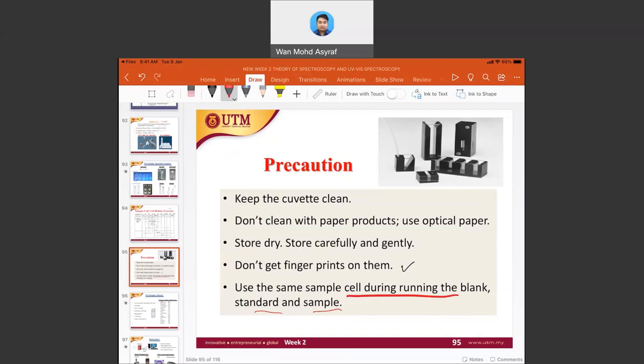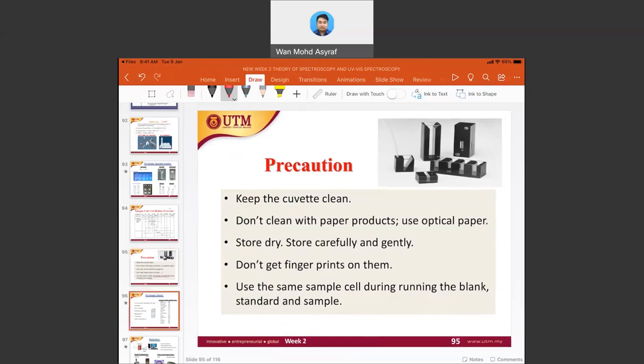We are being logical here: if you only have two cuvettes, just use the two, don't buy a new one, because those two would have the same deviations throughout the experiment. If you have that one and you have cleaned everything, then you just use that one when running the blank, standard, and the sample. All right.